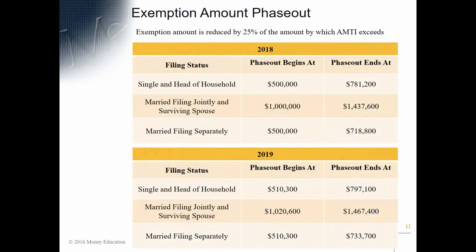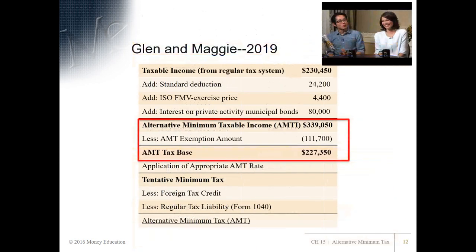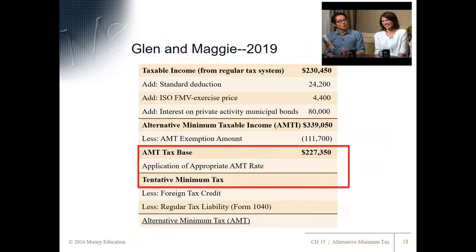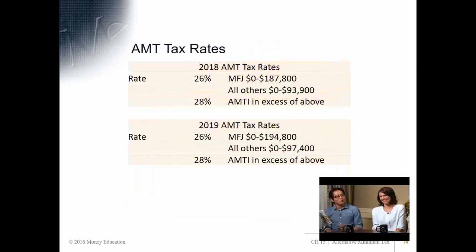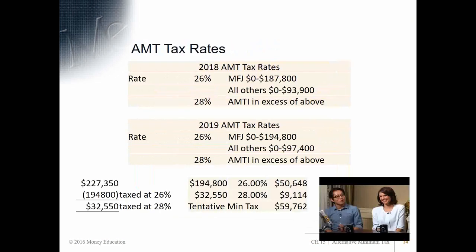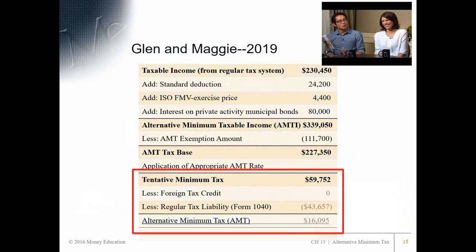For married filing joint, you can see that the phase out ends at roughly $1.5 million in 2019. And so people that have more than $1 million of AGI basically end up with no exemption amount. That increases their AMT tax base and helps make relatively more of them subject to the AMT.